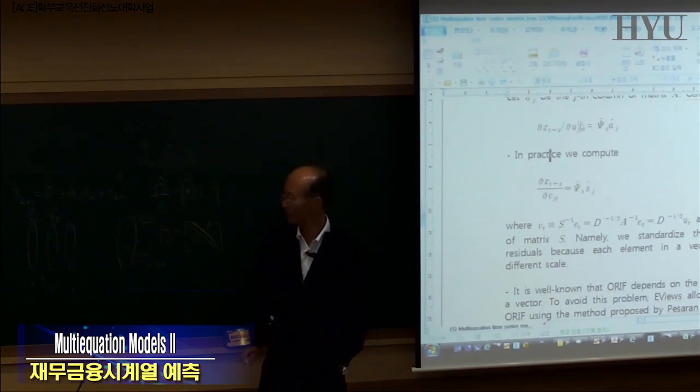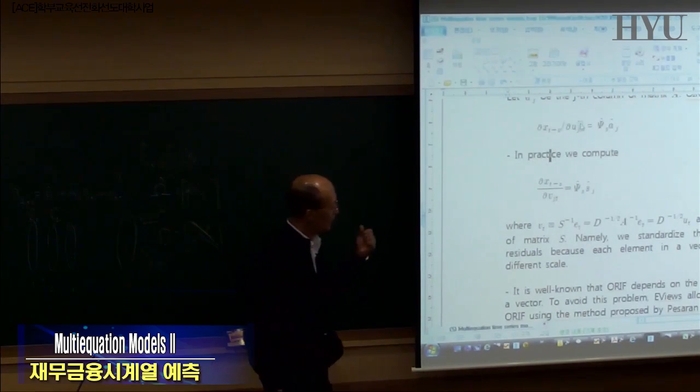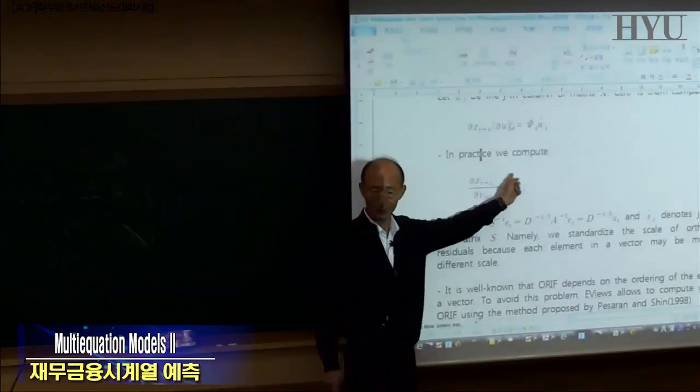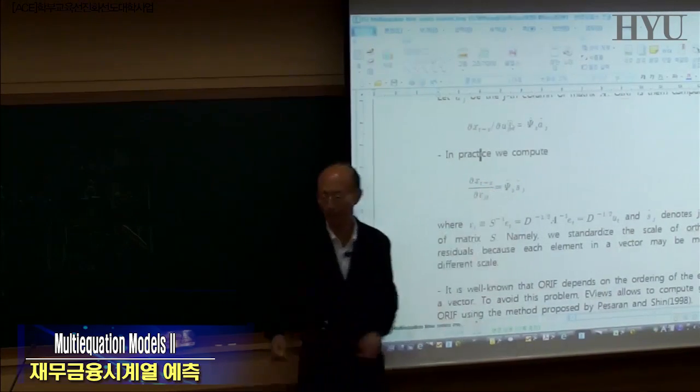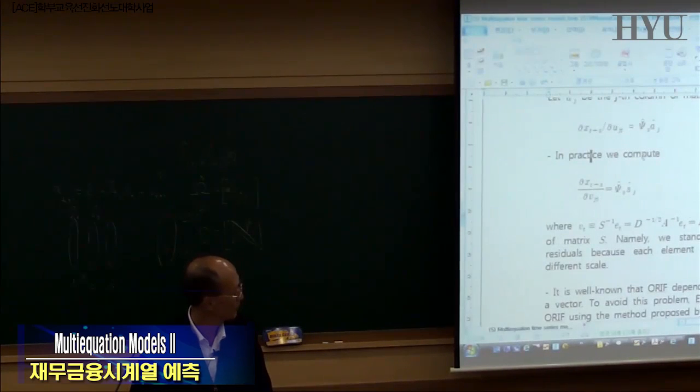Okay? Because they have different scales. Get the message? So the result you see is mostly this one. Okay? Well, we want this one to be the end of the story, but it is not.